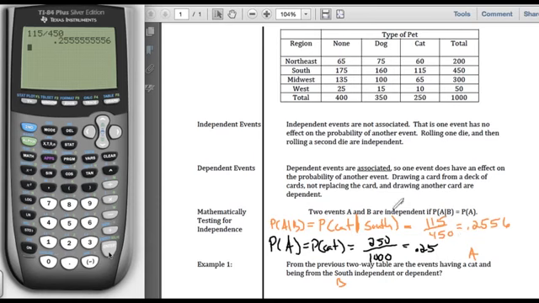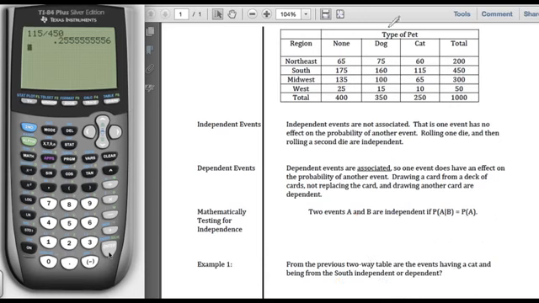They are not equal, so they're not independent. Therefore, they are dependent. One has an effect on the other. Maybe being from the south slightly increases your chance of having a cat based off of this data, but they aren't independent. One is having an effect on the other.